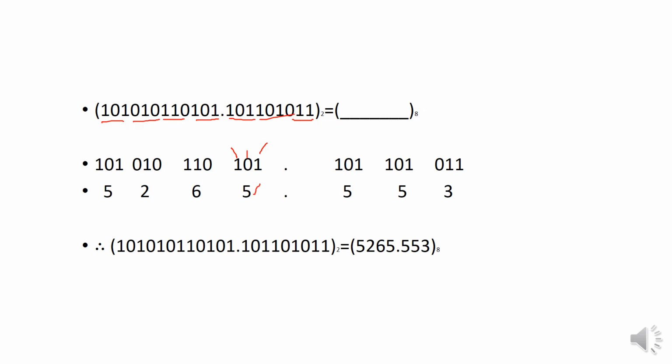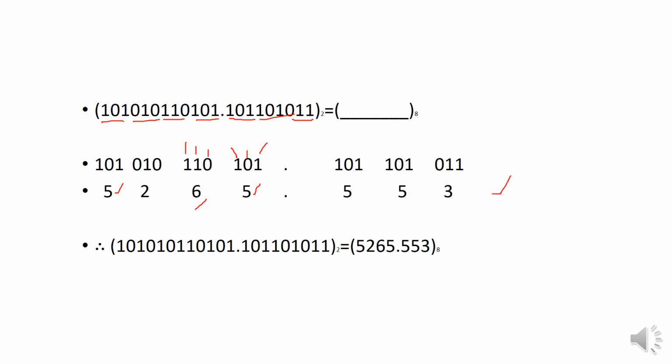Then 0, 2 to the power 1 and 2 to the power 2, so 2 plus 4 is 6. Then 0 and 2 to the power 1 is 2, 2 to the power 0, 2 to the power 1 into 0 plus 2 to the power 2, 4 plus 1, 5.